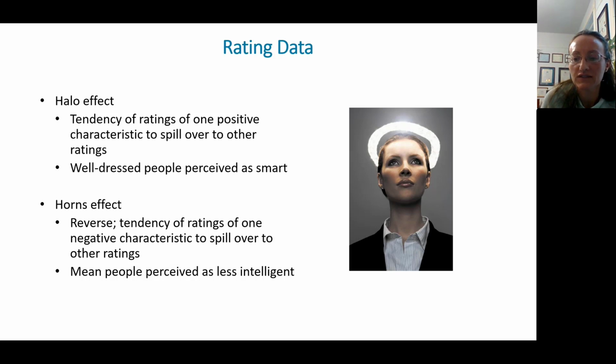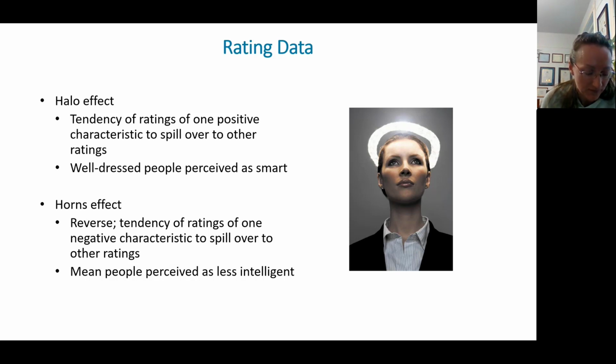Now, back to ratings. So other people's ratings are not totally unbiased and objective either. And there's something called the halo effect and the horns effect. If we like somebody, we are likely to give them better ratings on socially desirable constructs than we would if we didn't like them.